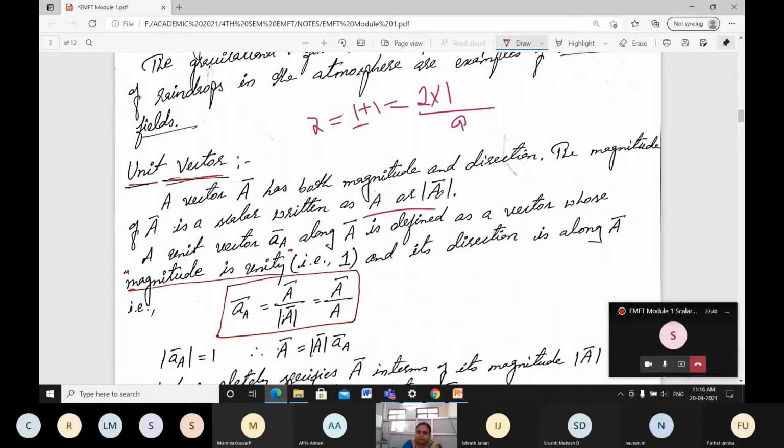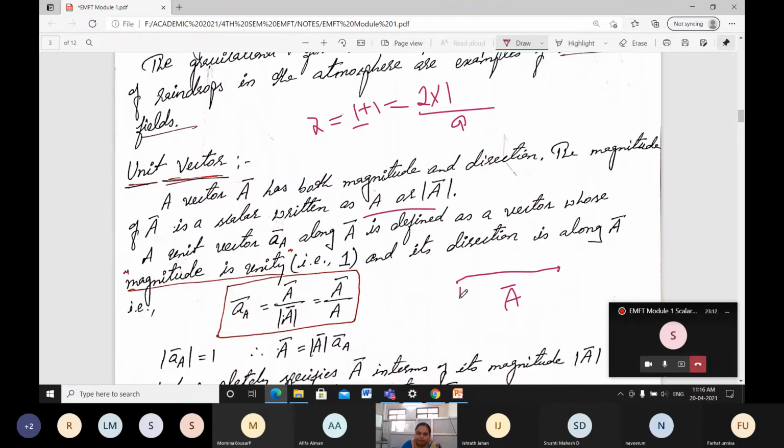Scalars I can represent in terms of a vector also, that is a bar with the mod sign. Then a unit vector, small a, again capital A, along the a direction. That is the meaning here: A along the a bar direction. If I give a small example, if I take these 2 points, this vector is a bar.